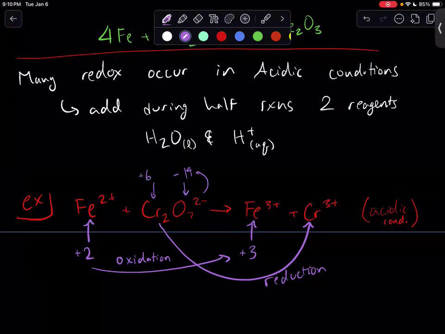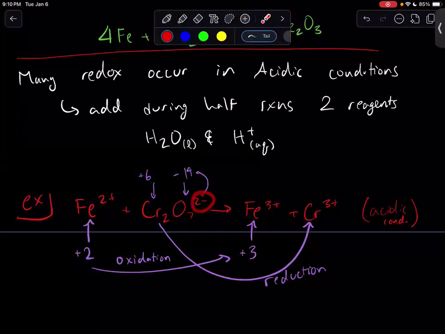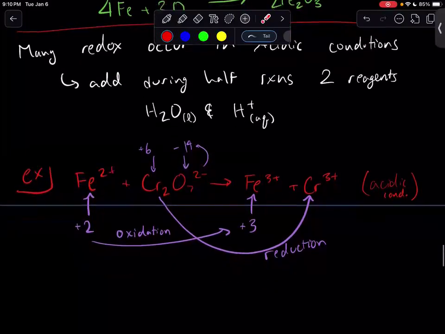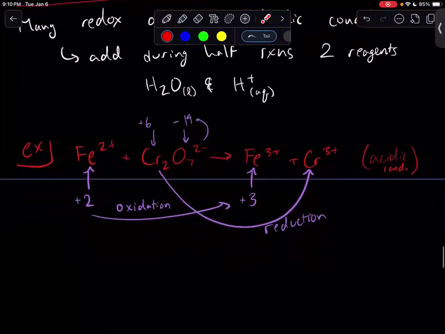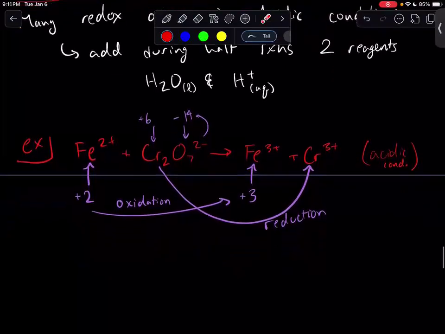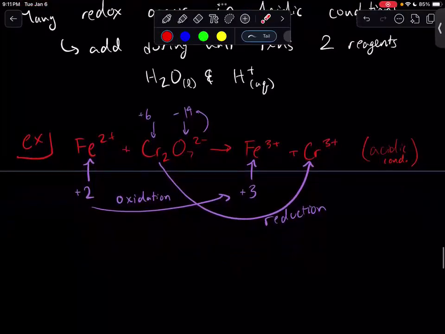Just showing you that math, if two chromiums are 6+, together that's going to be 12+. 12+ and 14- is 2-, which is the overall charge. Again, if oxidation states are making it difficult, please go back to lesson 62 and check your oxidation state math and practice it some more. It is invaluable in redox reactions.